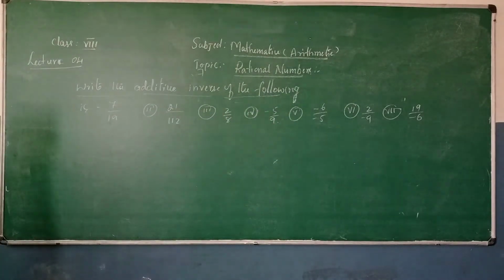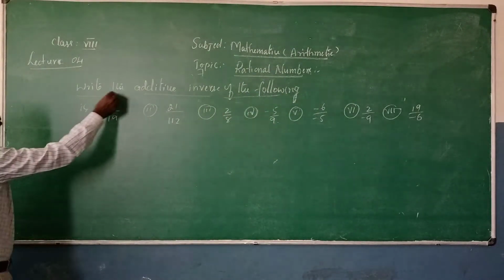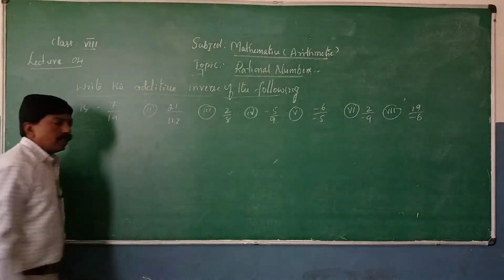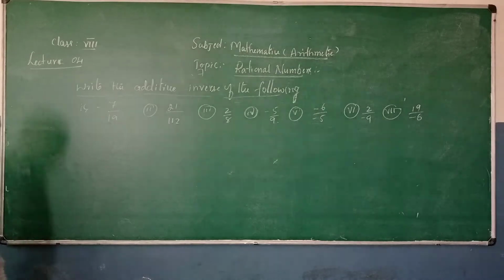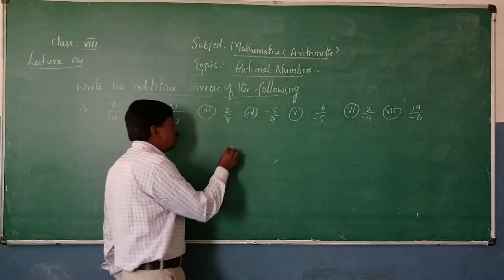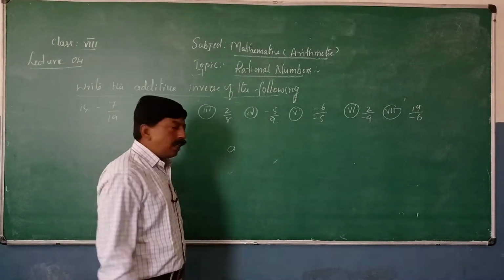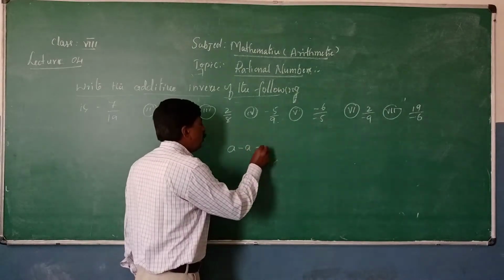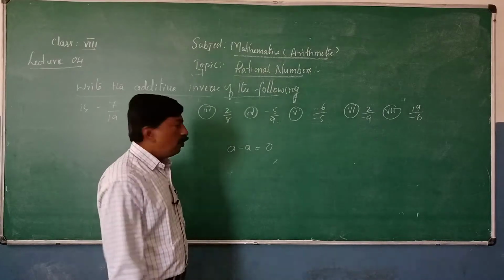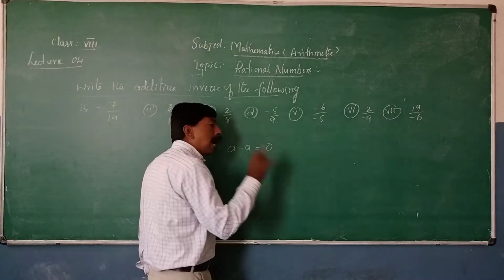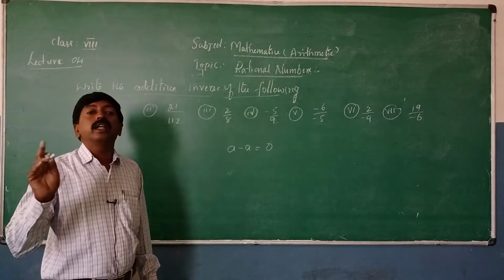Now read the question. What do we have to do? Write the additive inverse. In the last class we already learned this. So additive inverse: for example, A is a number, its additive inverse is minus A because its sum is 0. That 0 is the additive identity element.